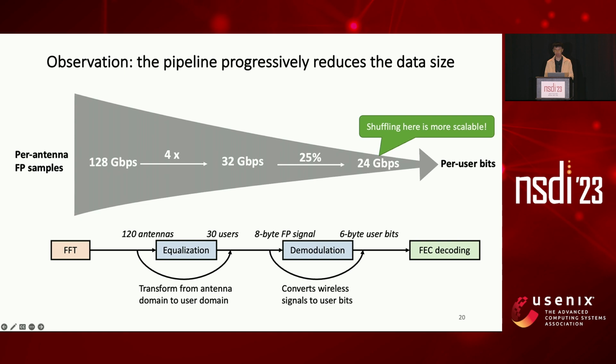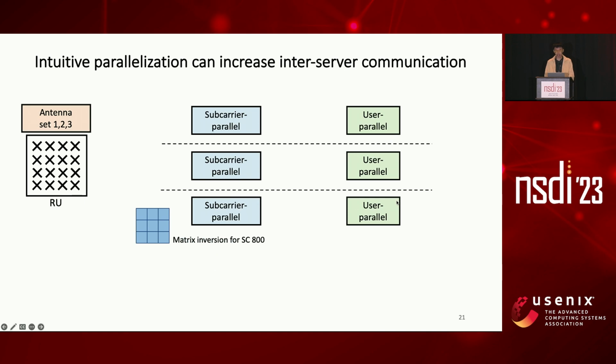Our system, Hydra, decides to delay the shuffling at this point. This decision is very important because inside the massive MIMO pipeline, there are a lot of sources of parallelism, so it is intuitive to exploit all the parallelism as much as possible. But that limits scalability because it introduces high communication overhead.